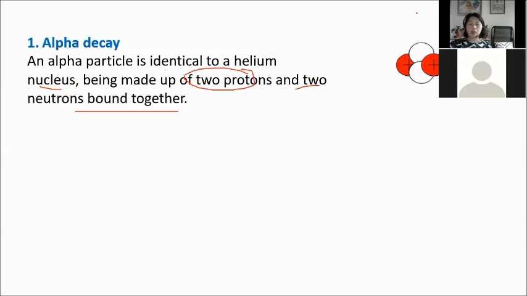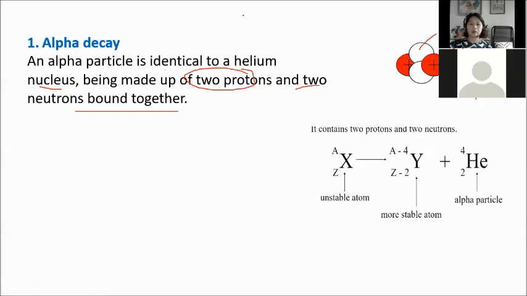So in our simple presentation, itong nakapula ay proton at saka ito yung neutron ng helium atom. So yan ang nasa nucleus ng helium atom. Now, it contains 2 protons and 2 neutrons.